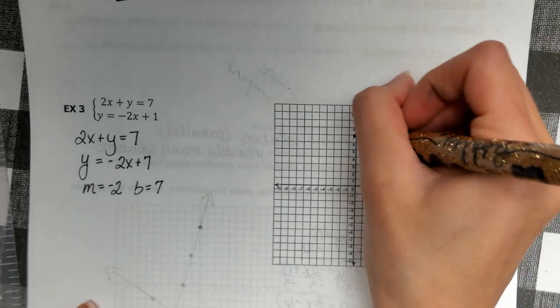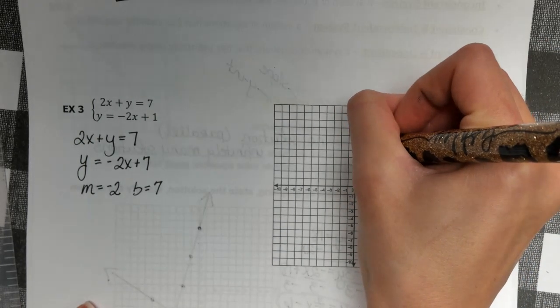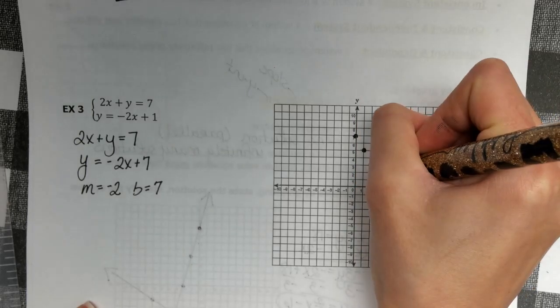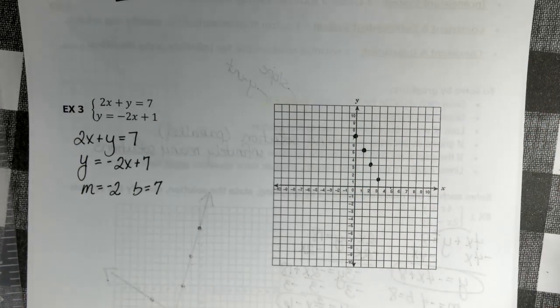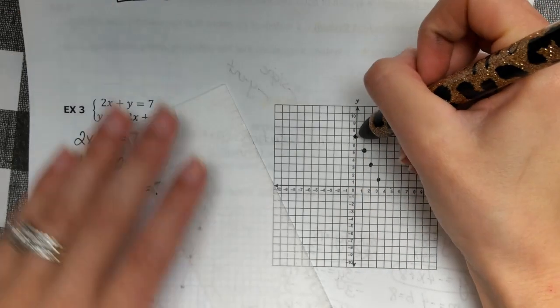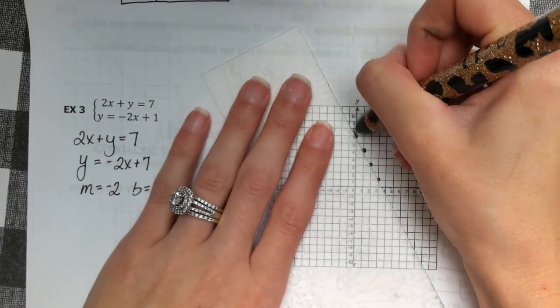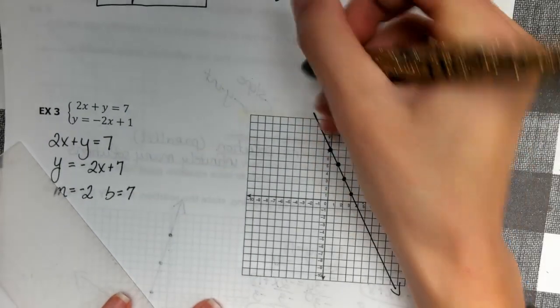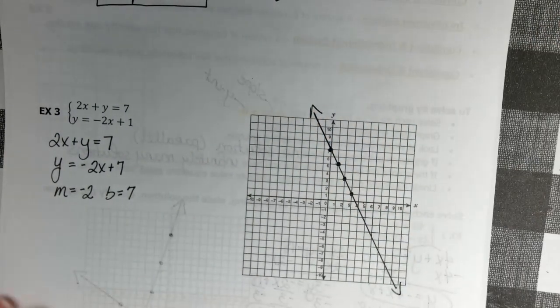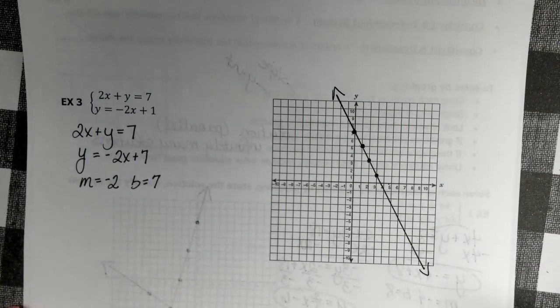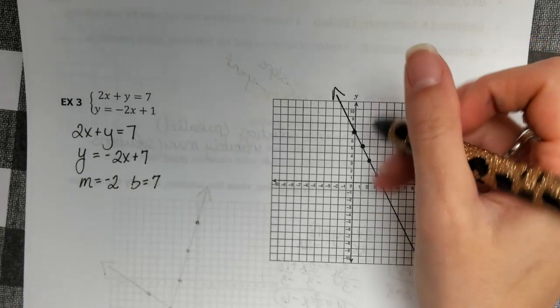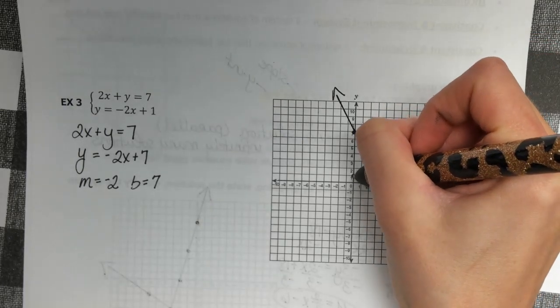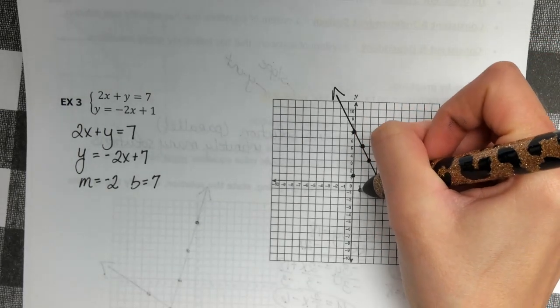And then I'm going to go down 2, to the right 1. And then -2x plus 1, I'm going to start at 1. And I'm going to go down 2, to the right 1.